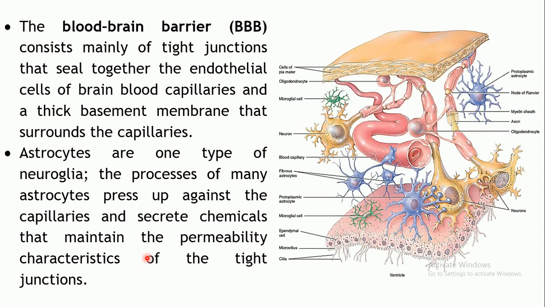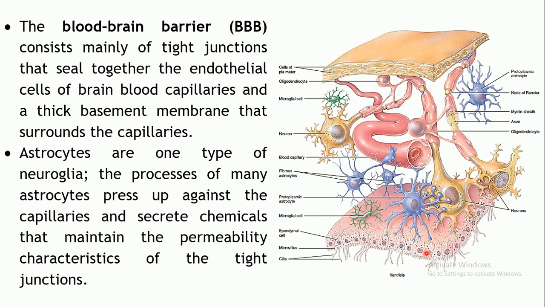Then coming to the blood-brain barrier. Remember this particular picture? That belongs to the central nervous system, right? We had discussed the neuroglia of the CNS: oligodendrocytes, astrocytes, microglia and ependymal cells.